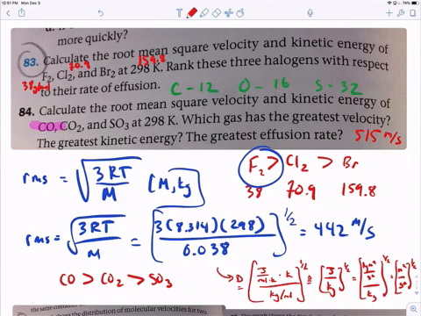A joule is a newton meter, which is a kilogram meter squared per second squared. So the kilograms cancel, and you're left with the square root of meters squared per second squared, which is meters per second. So that's the reason why you use those units.